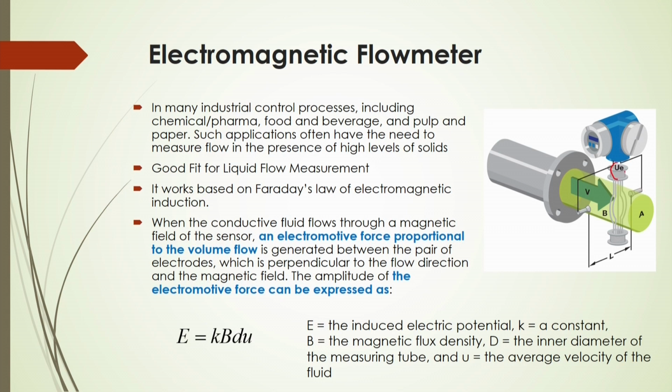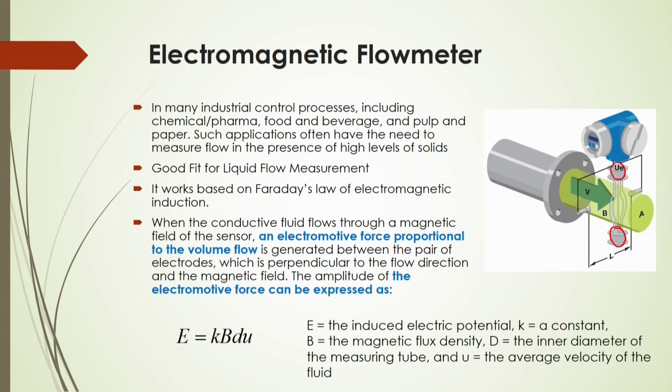These two electrodes will be there. Between this pair of electrodes there will be a generation of electromotive force, and you get more electromotive force if the fluid flows with more velocity or volumetric flow rate.